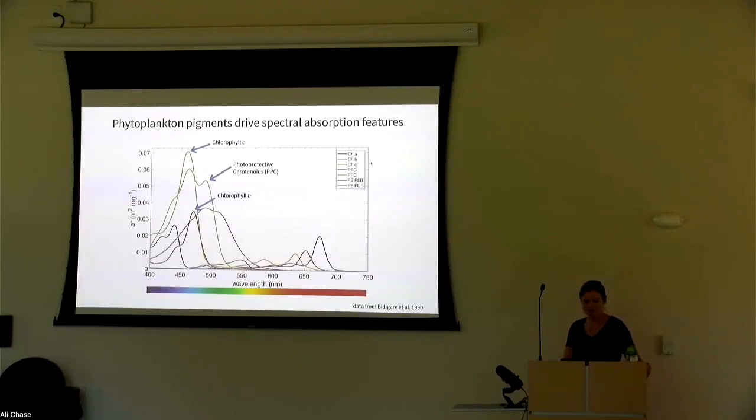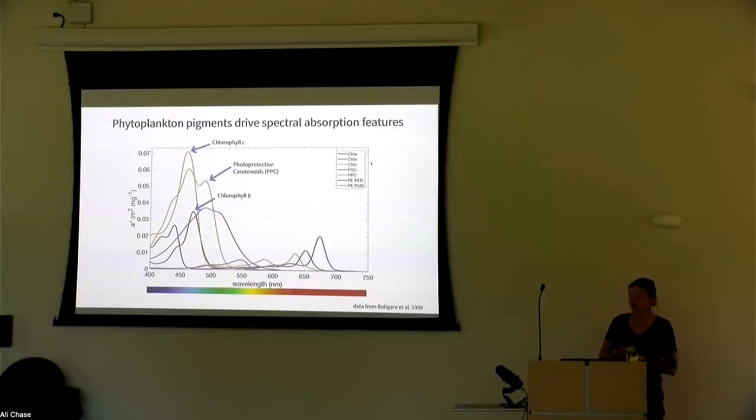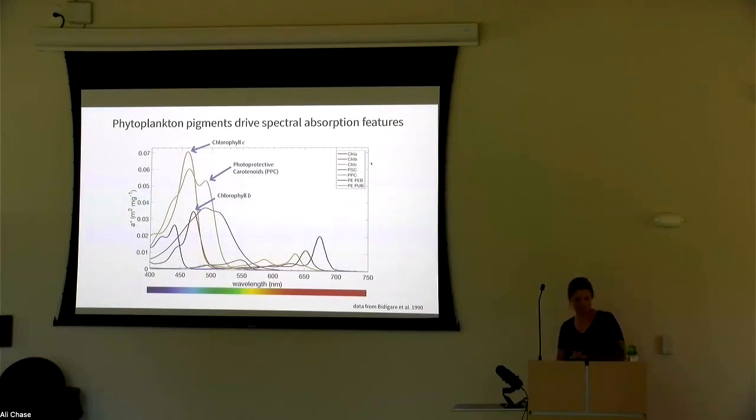And then, as I'm sure you've been discussing, phytoplankton pigments are what drive spectral absorption features in many cases. I'm sort of open ocean biased currently, so I'm sorry for people who are thinking a lot about detritus and non-algal particles and CDOM, but in the open ocean, most of the particles are plankton and there's not much CDOM.